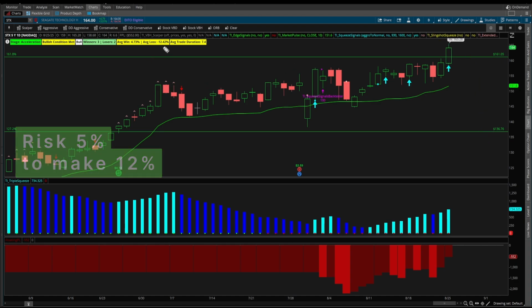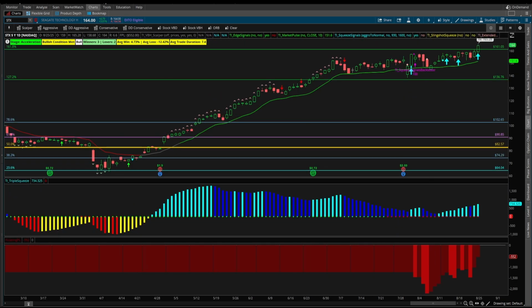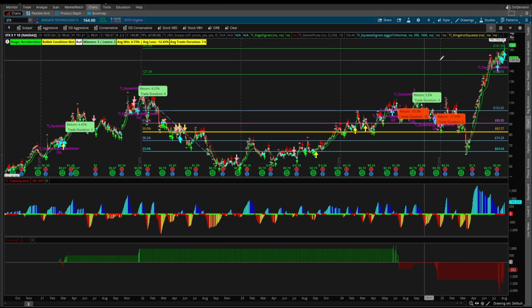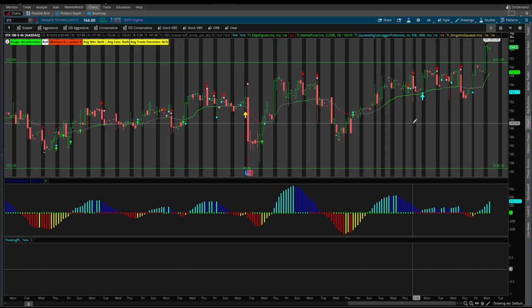I want to see Seagate roll over about 12-ish%, and in fact, your stop might be something like a risk of 4 or 5% to get that 12% in exchange. That seems like a much better strategy inside of Seagate, just waiting for signs for that momentum to slow down and roll over. So far, the numbers are telling us that.